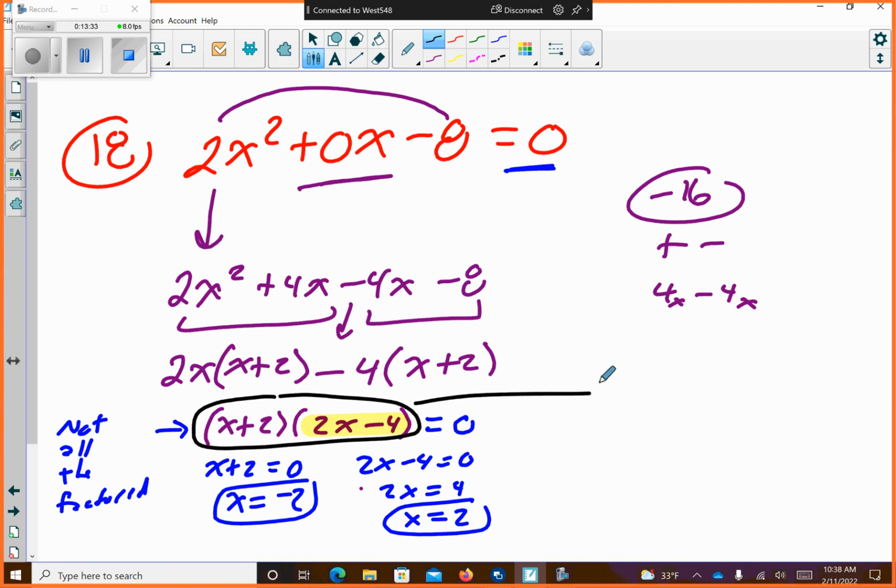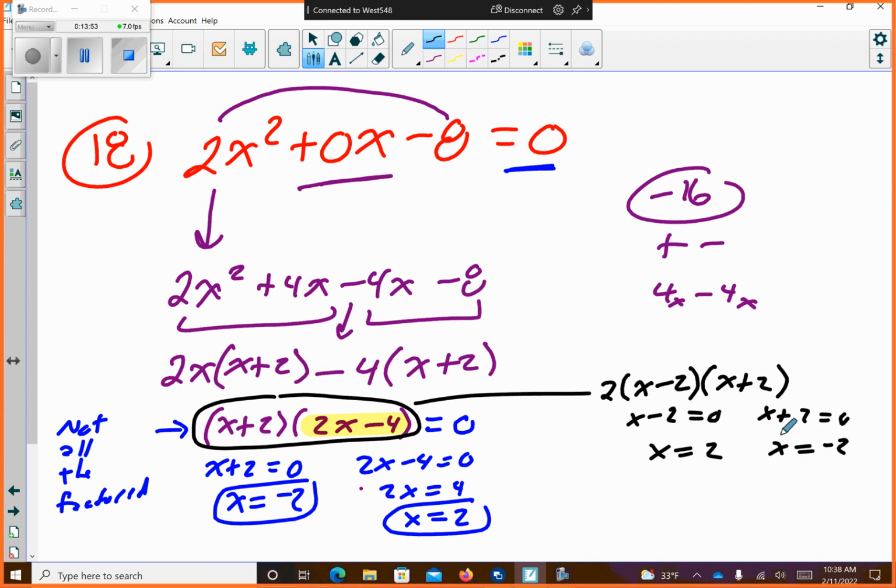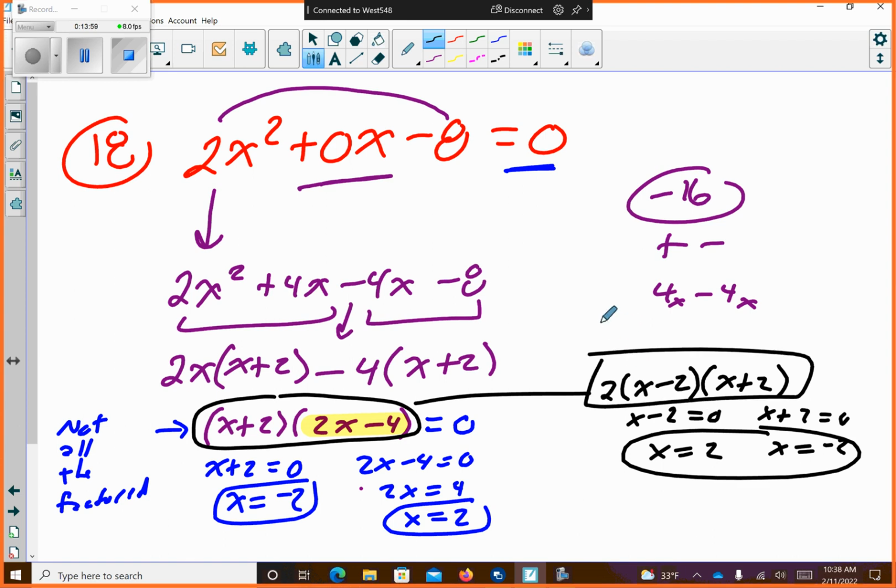Actually, if I truly wanted to factor it all the way, the yellow highlighted, I could factor a 2 out and then keep the x plus 2. So if I went and solved these, notice I get the same exact answer. So the answers are the same, and that's the nice thing about it, but this would be the true factored form.